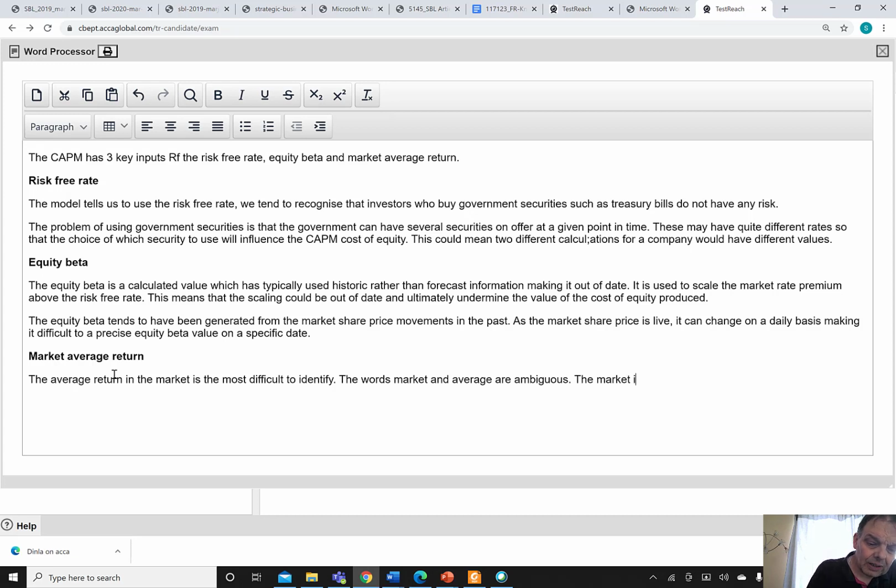The market is not specified. We would generally use the FT100, again, the market share prices vary daily, and this will cause the return rate to also vary.